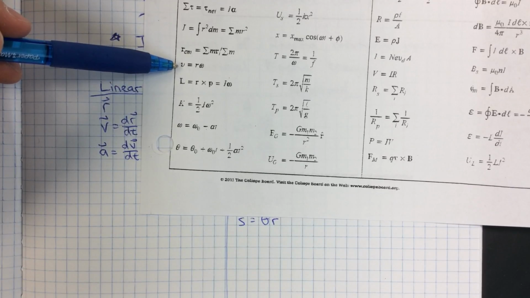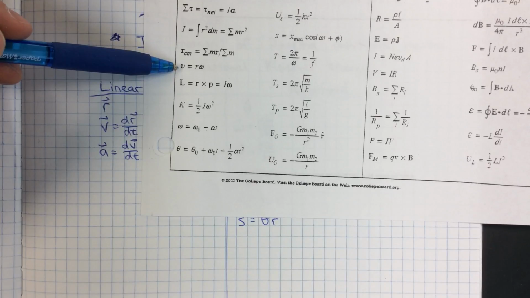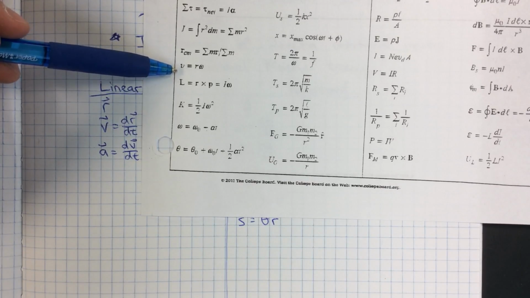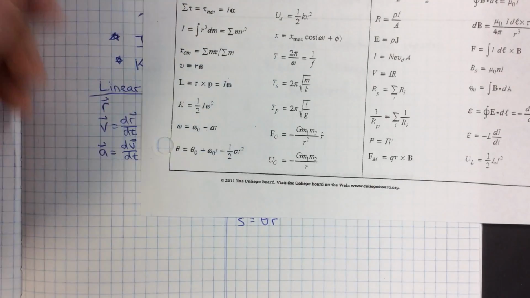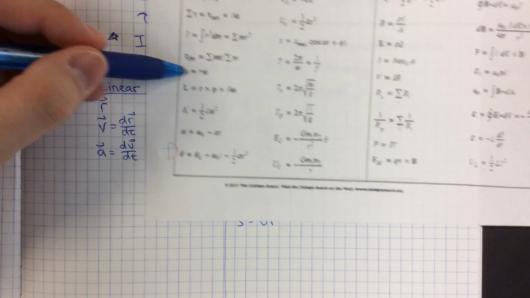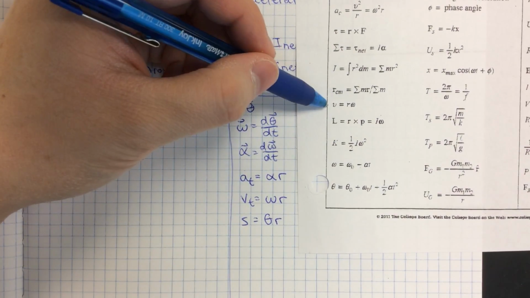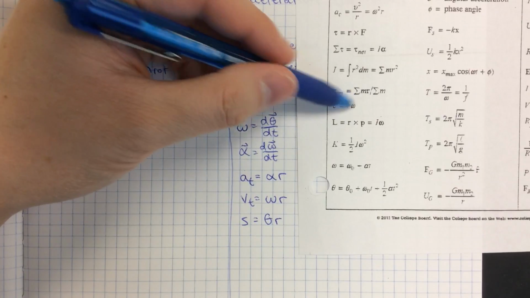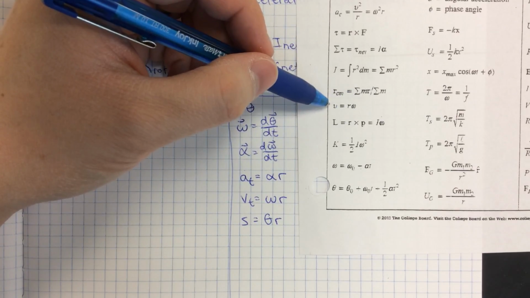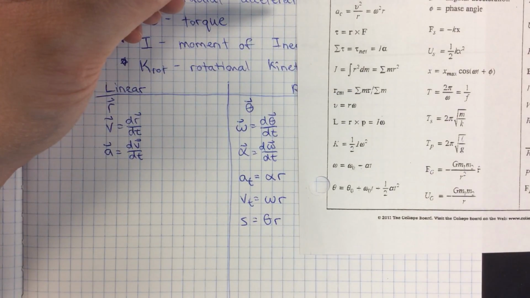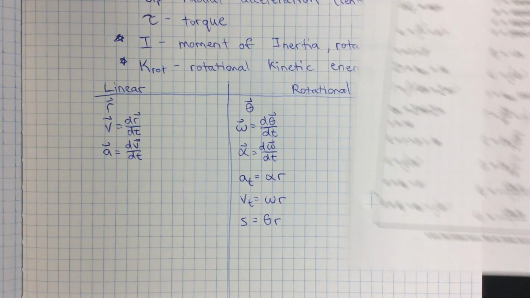I don't think they have S equals theta R. They don't have tangential acceleration equals alpha R. They don't have it on your equation sheet. But this one is kind of just replace the V's with A's and alphas or thetas and S's, right? And then you get the same thing.